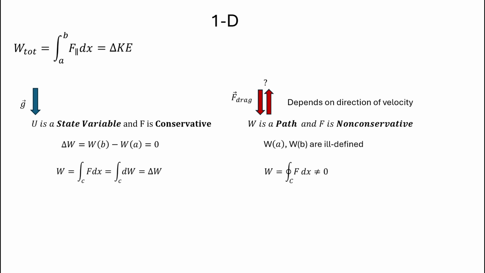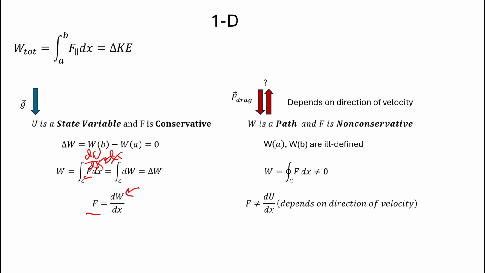And so what we found out is that the work in this scenario is equal to the integral of F dx. That is expressible as dW. If you can write the work as the integral of dW, then that's equal to delta W, and the force is conservative. If you cannot write it that way, then it is non-conservative. This is kind of funny, but another way to say this is if the force is dW/dx, you see here's F. If F is dW/dx, then dW/dx times dx is dW.